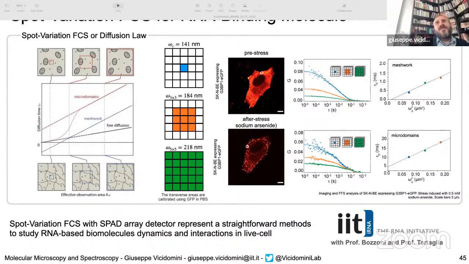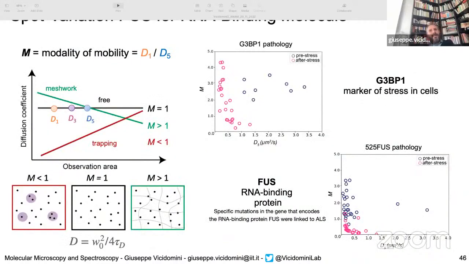After you induce the stress, adding some sodium arsenite, then the dynamics, the mobility of the protein completely changed, because now we have a completely different behavior of the diffusion law, which is better described by a microdomain modality of diffusion.